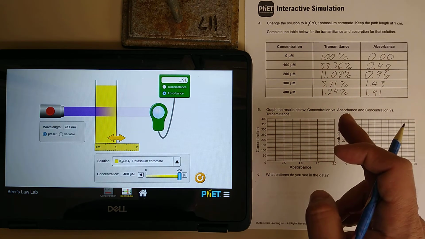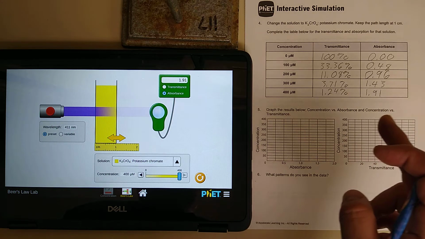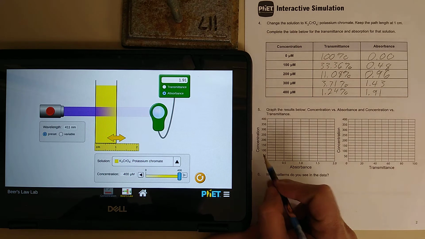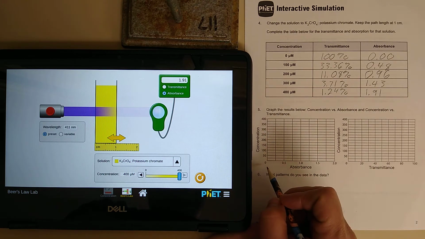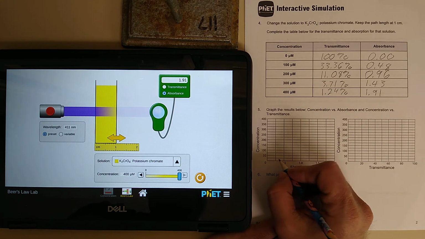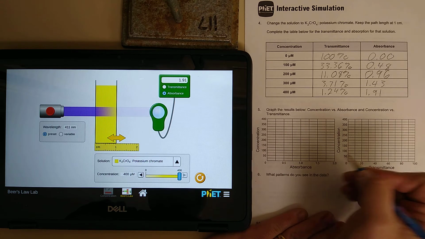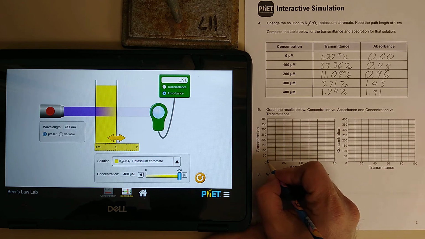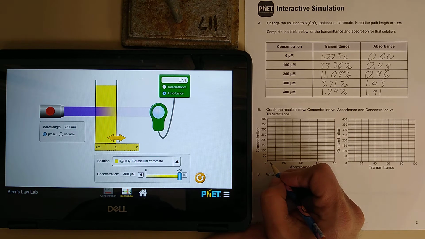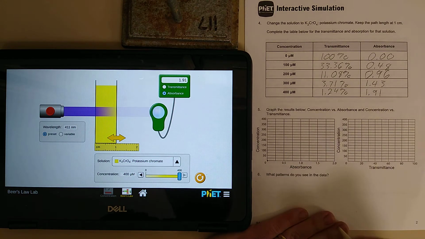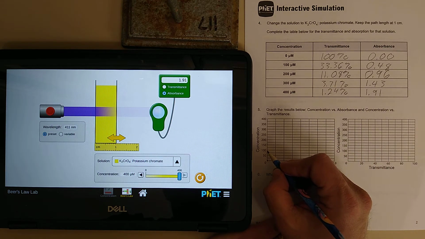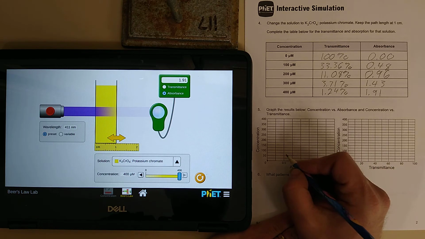All right, now we're going to graph this, concentration versus absorbance and concentration versus transmittance. All right, so we have a concentration, okay, and our concentration at 0 was 0 on absorbance. Okay. Then our concentration at 100 was 0.48.